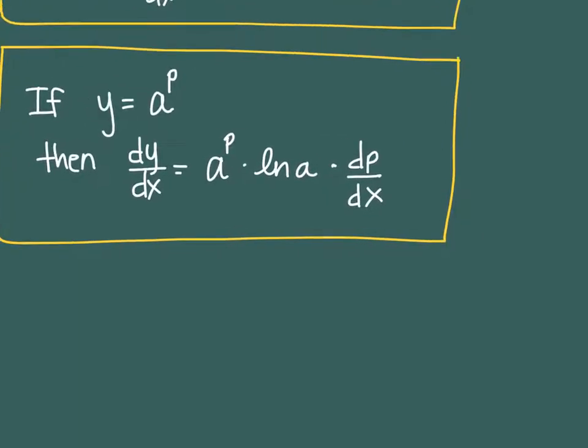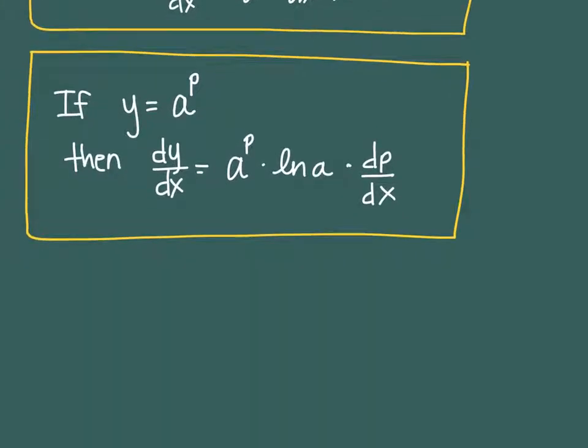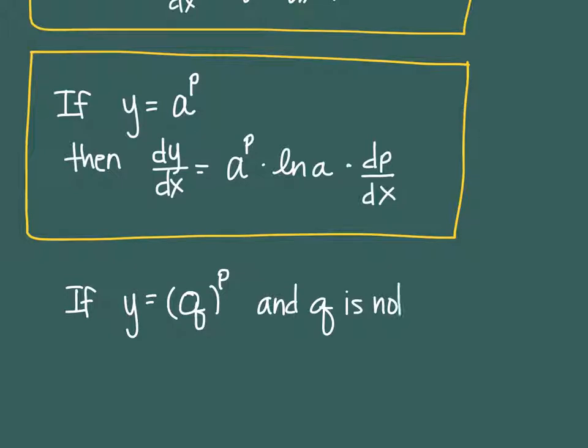And then the last one is the rule for super exponentials. Okay, if y equals q to the p, and q is not constant. So this is a little different.